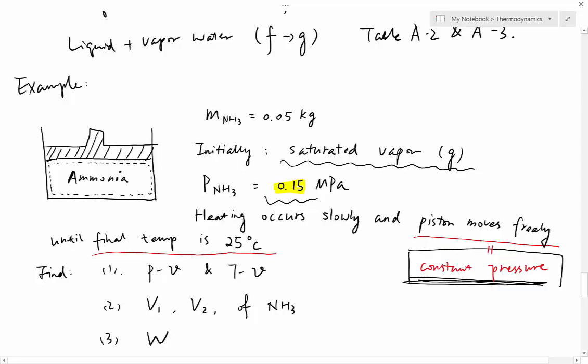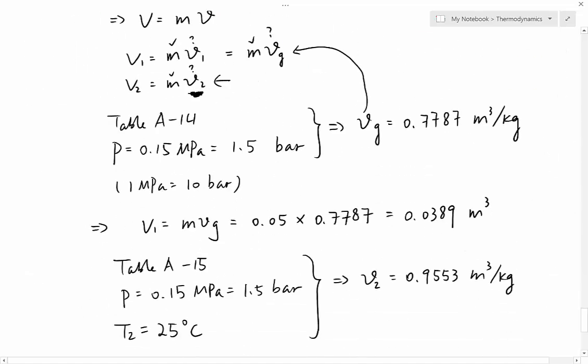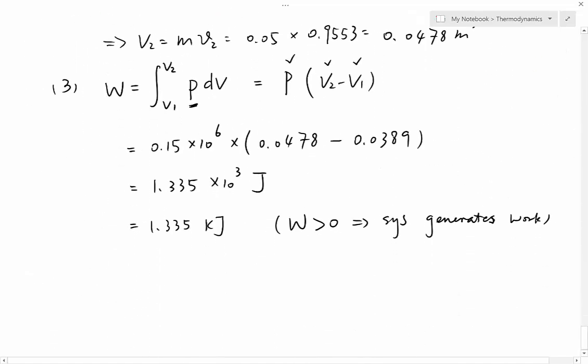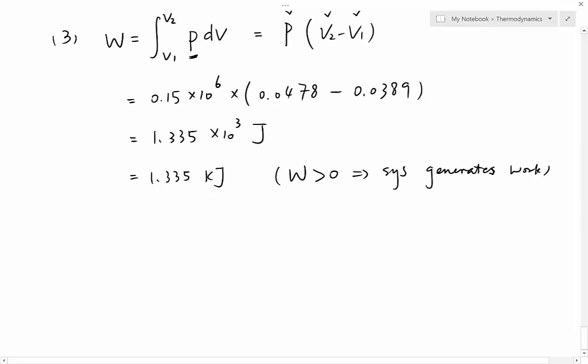So ammonia in this process generates work, so the work must be positive. Going back to our solution, it makes sense because it is positive, indicating generating work. Okay, all right, so this is the example.